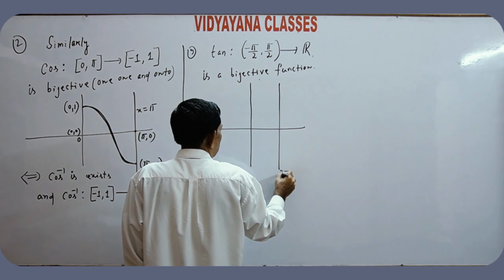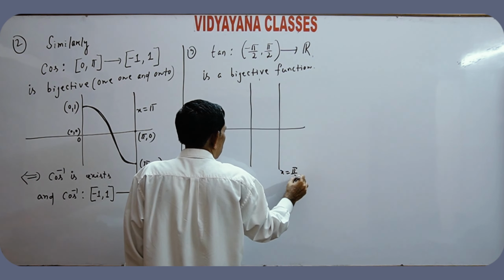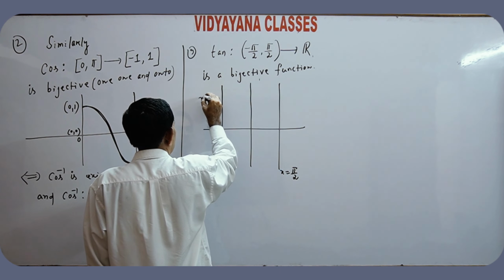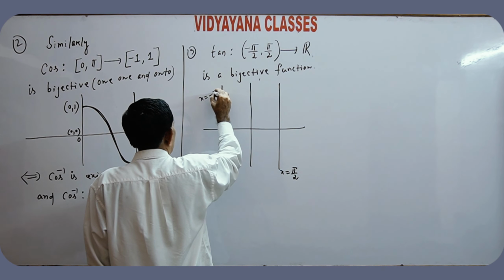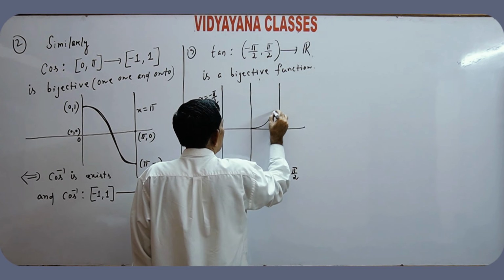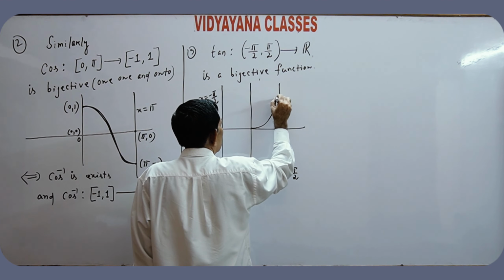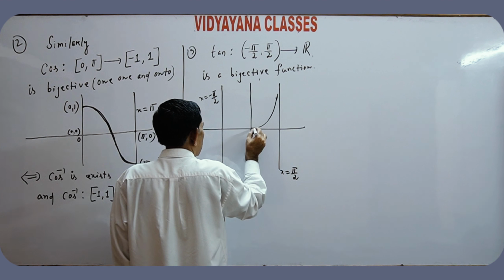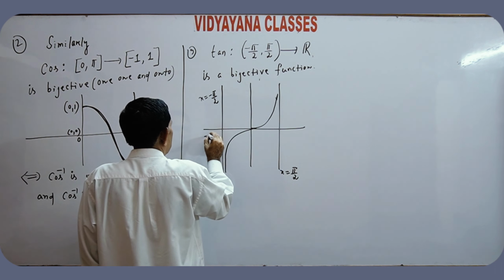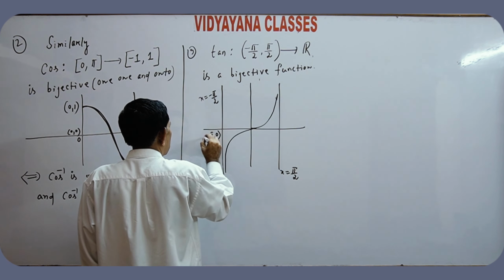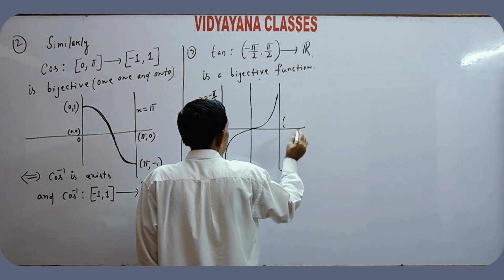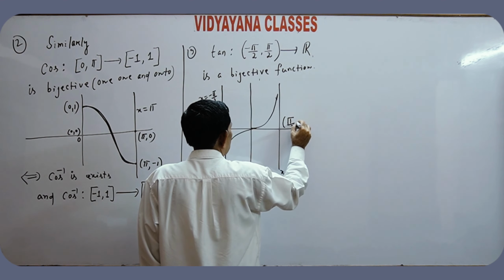This line is x is equal to pi by 2. This line is x is equal to minus pi by 2. This point is (-pi by 2, 0). This point is (pi by 2, 0).